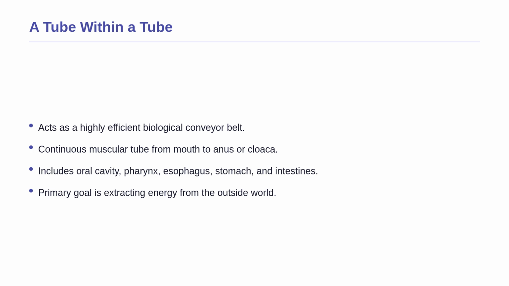Every vertebrate shares this fundamental design, consisting of the oral cavity, pharynx, esophagus, stomach, and intestines. This continuous pathway is absolutely essential because it allows the animal to safely bring the outside world inside, breaking down complex foods to extract the energy needed for survival.